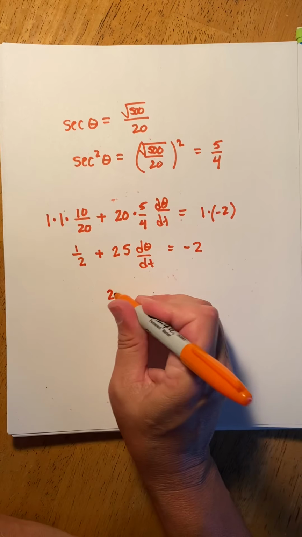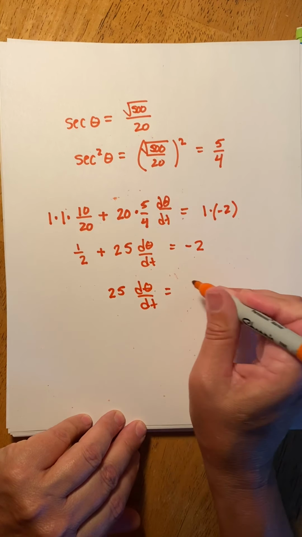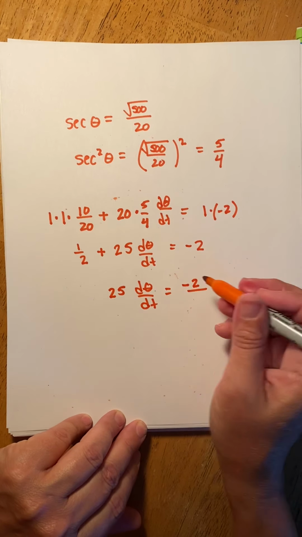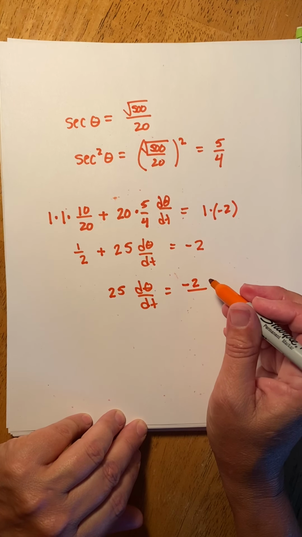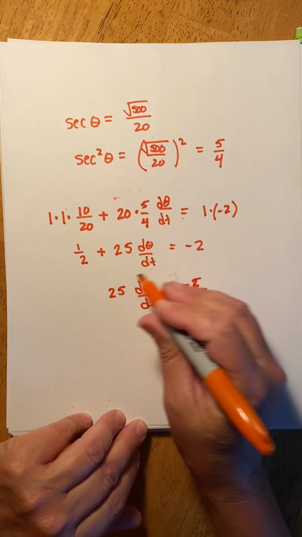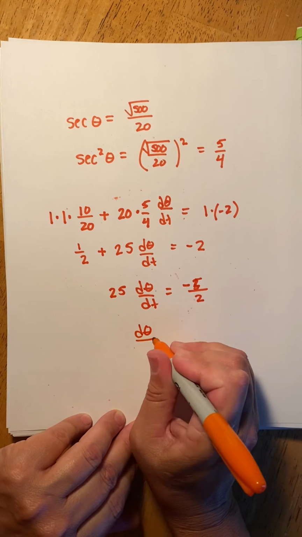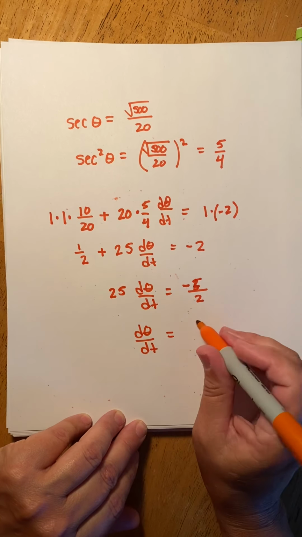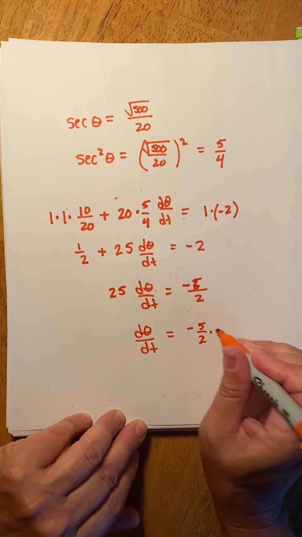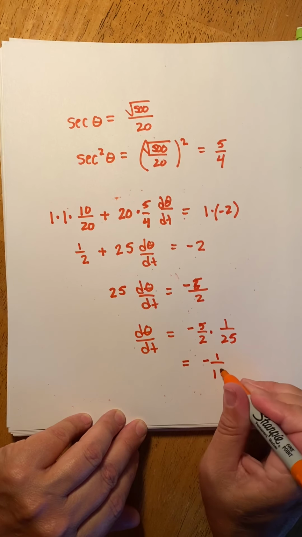Subtract 1/2, we get 25 d theta dt equals -5/2, because I forgot to subtract 1/2. And then d theta dt equals -5/2 times 1 over 25, which is -1/10.